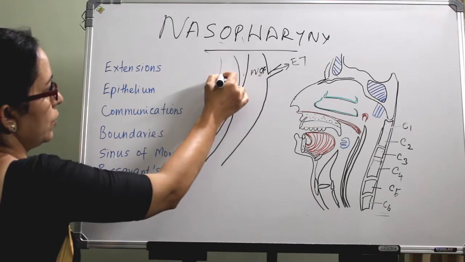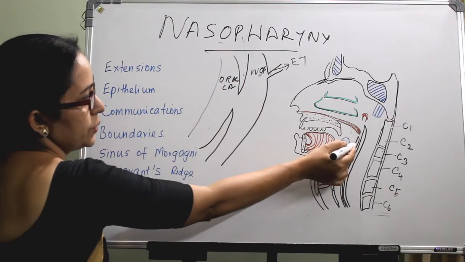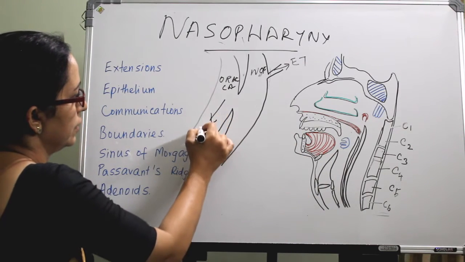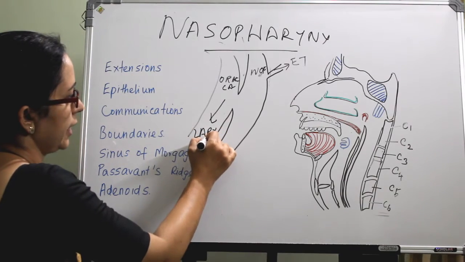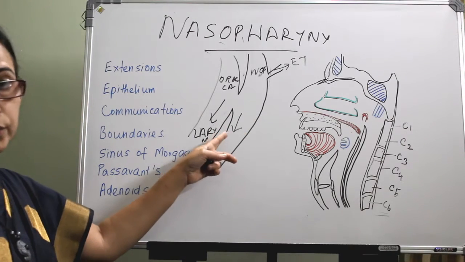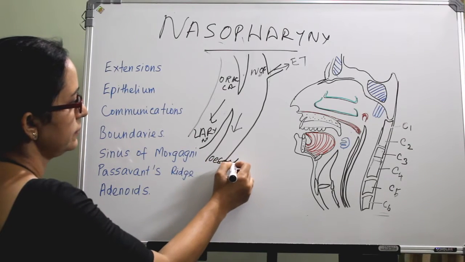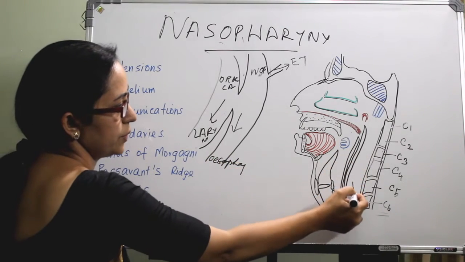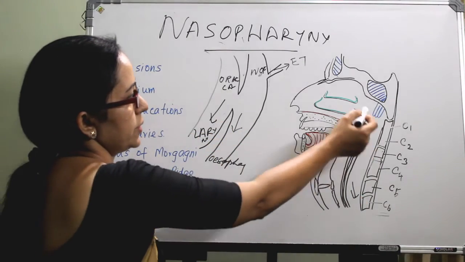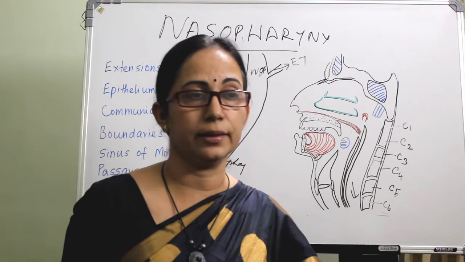Then it comes into the oral cavity. Then it goes to the larynx, that is the air passages, and to your esophagus. Through the cricopharynx, it goes to the esophagus. This one going to the esophagus, this going to the larynx, and then to the oral cavity and to the nasopharynx.